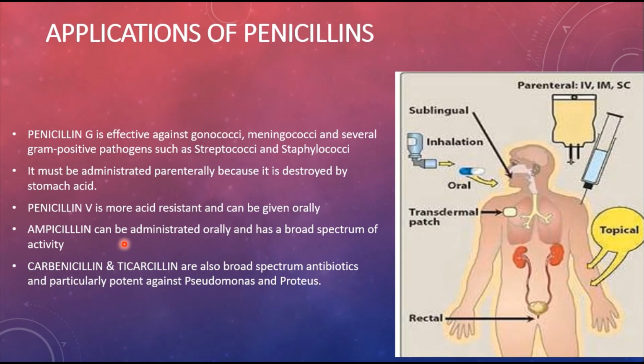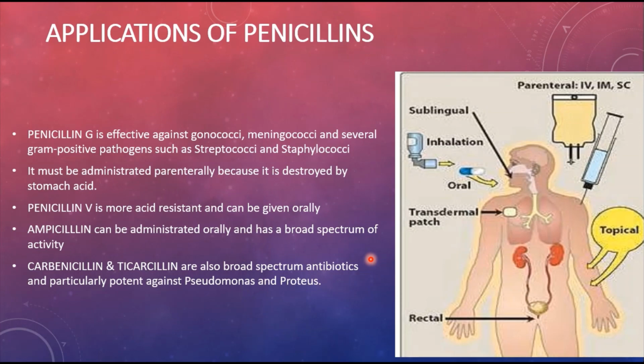Then coming to the other antibiotics which inhibit the cell wall, that is ampicillin, carbenicillin, and ticarcillin, which also act as broad spectrum antibiotics and are particularly potent against pseudomonas and proteus infections. Okay, then moving to some of the side effects.